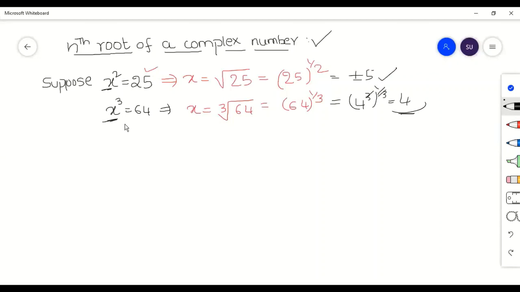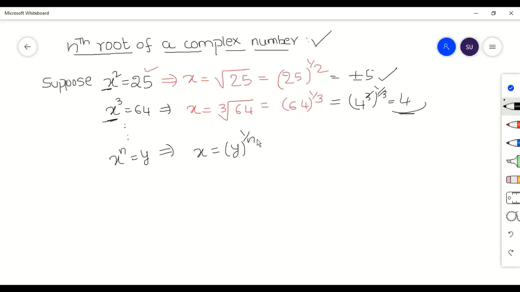In the same way, if I say x power n is equal to y, then x can be written as the nth root of y. This is represented by y whole power 1 by n.